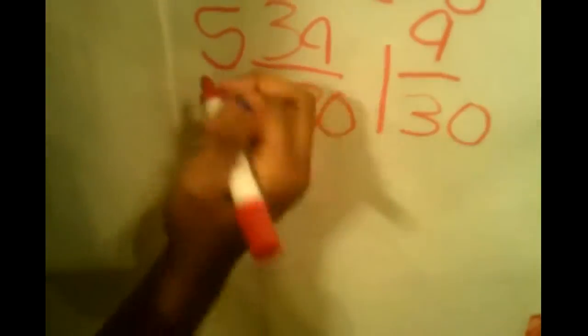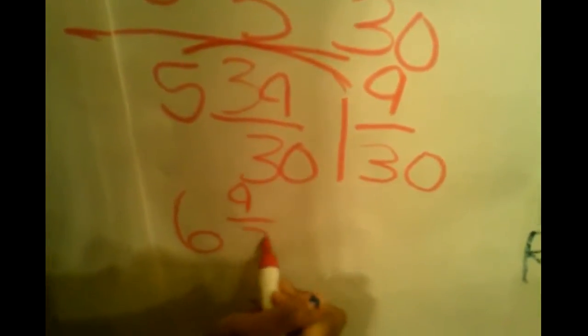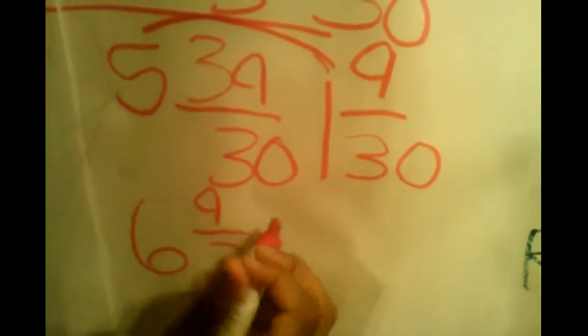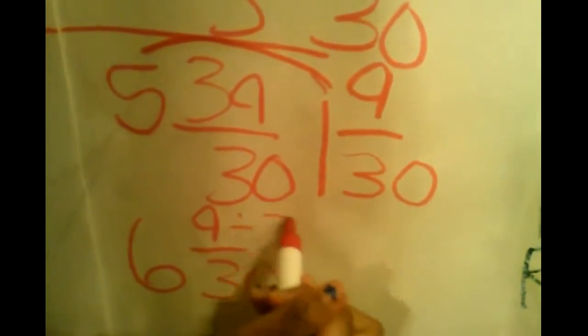But you have to add both of these. 5 plus 1 equals 6, and then 9/30. Then you have to reduce it. You can divide both by 3, because 3 can go into both of these numbers.